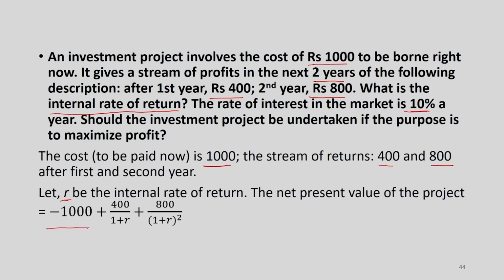We look at the cost, which is 1000 rupees to be borne right now, that is coming as a negative entry here, and then we are looking at the present value of the incomes which are occurring in the future. So, the negative entry is the cost, the positive entries are the present values of the incomes. We are looking at the difference.